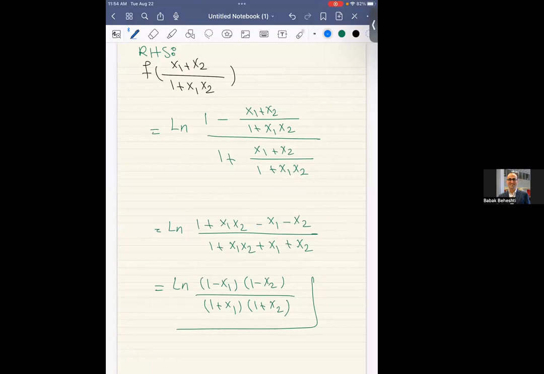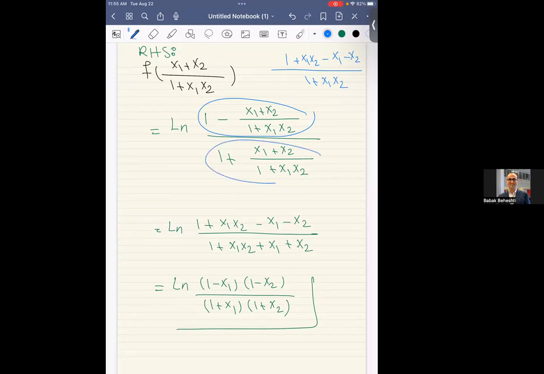So let me tell you more details. So this guy, the numerator is just 1 plus x1 x2 minus x1 minus x2 divided by 1 plus x1 x2, right?